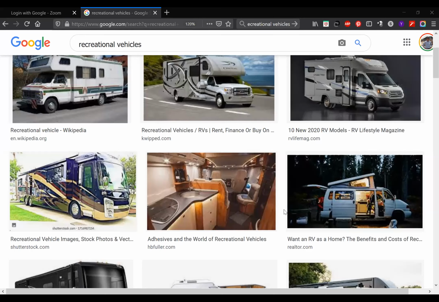But it's quite popular in the United States, especially for those who are older than 60 years old. When they retire, they sell their houses or properties and get into these vehicles and travel across the country. That's why we have to understand the impact of it.